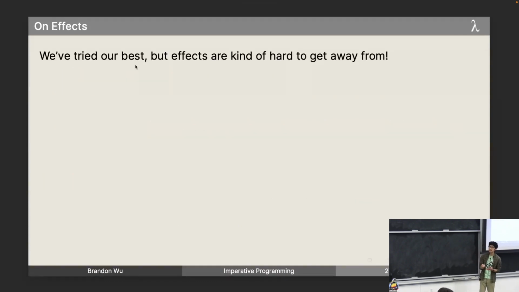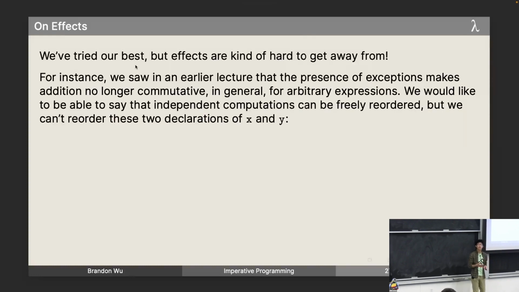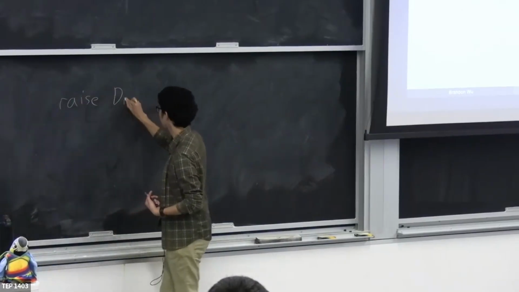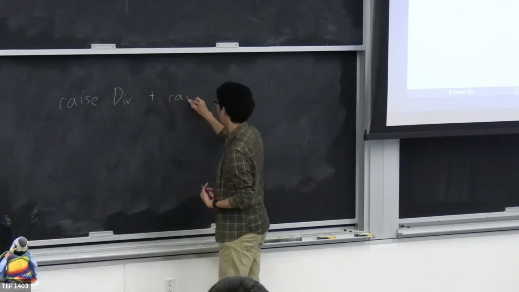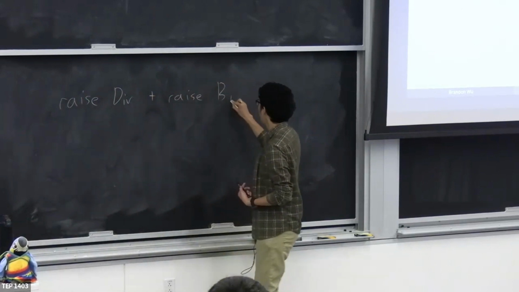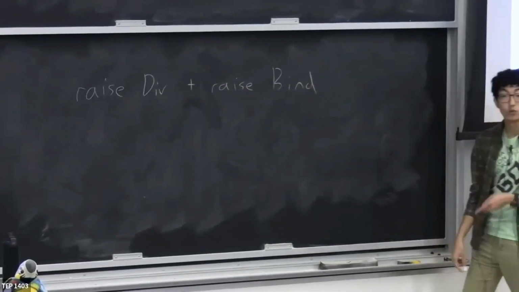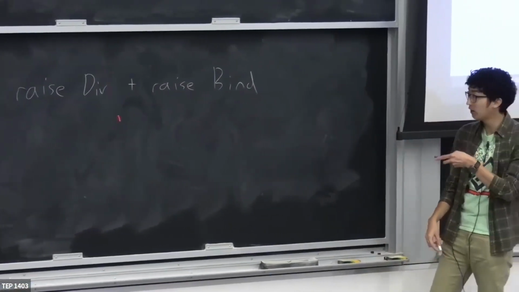This makes sense because it's really hard to get away from effects as a whole. For instance, in an earlier lecture we saw with exceptions that addition is no longer commutative. Does everyone remember that example? If I have raise Div plus raise Bind, and I swap the order of these arguments, raise Bind will happen first, which means Bind will be raised.